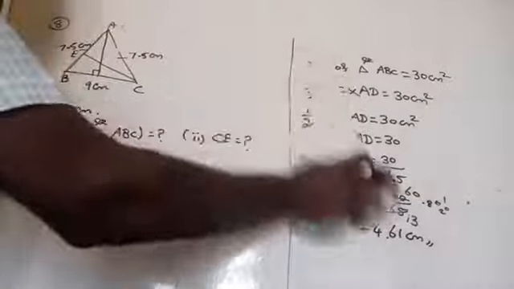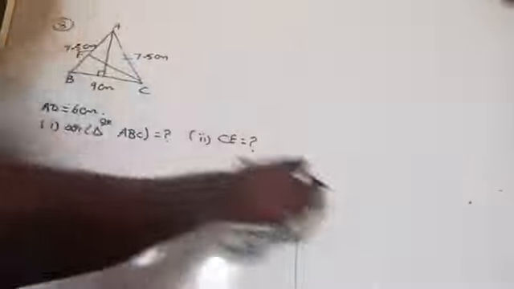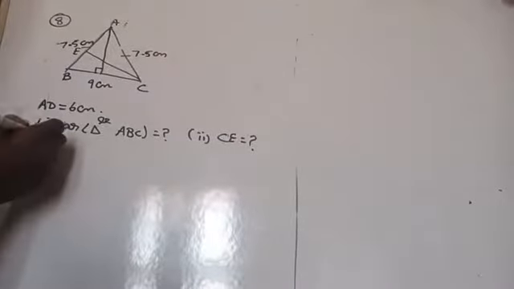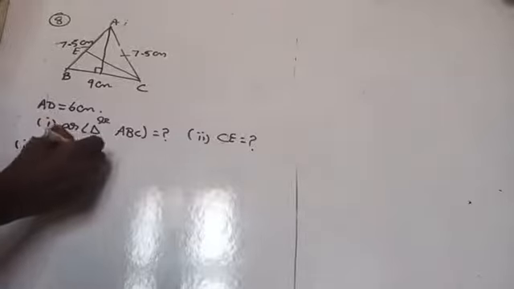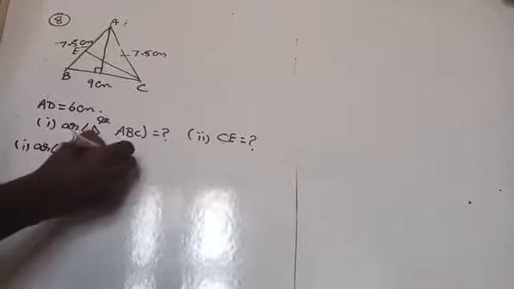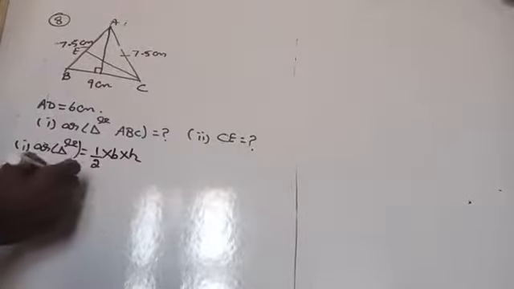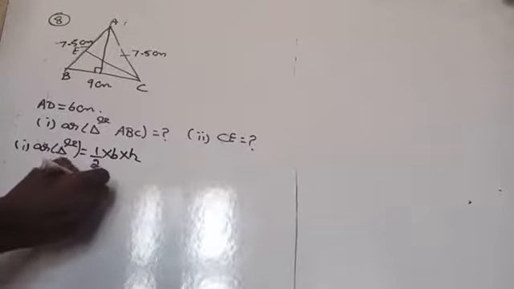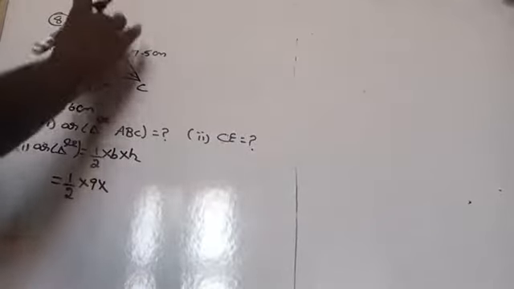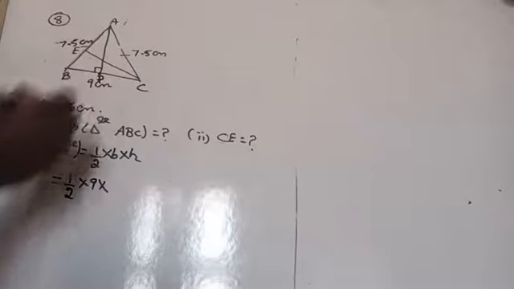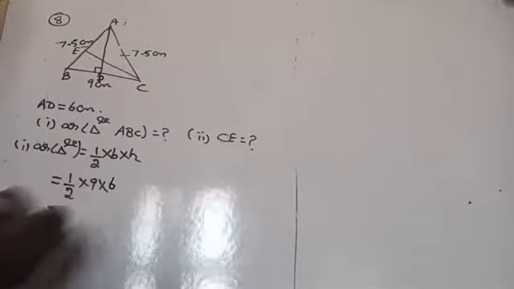So what is the area of the triangle? Half into base into height. So area of triangle is equal to half into base into height. Now what is the base? Base is 9 centimeter, and then height is nothing but AD, which is equal to 6.